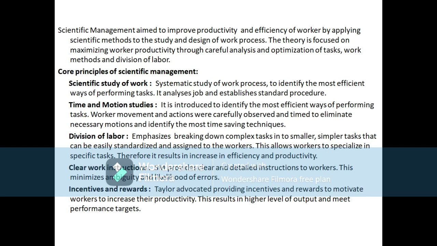Because in order to motivate the worker, if we give some monetary assistance for appreciation of his performance, then the worker will be motivated and try to work more. It results in the increase in productivity. At the same time, the worker also benefits from the incentives and rewards. So this results in a higher level of output and meeting the performance targets.